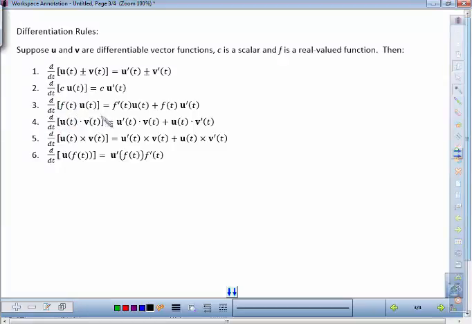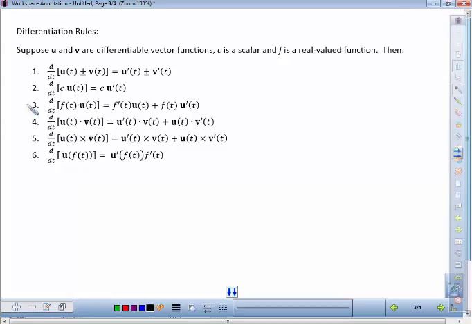The next one says that the product rule for a scalar function times a vector function also holds. And then the product rule for the dot product and the cross product also holds. And then the last one is the chain rule. The chain rule of these vector valued functions for a scalar function also holds.